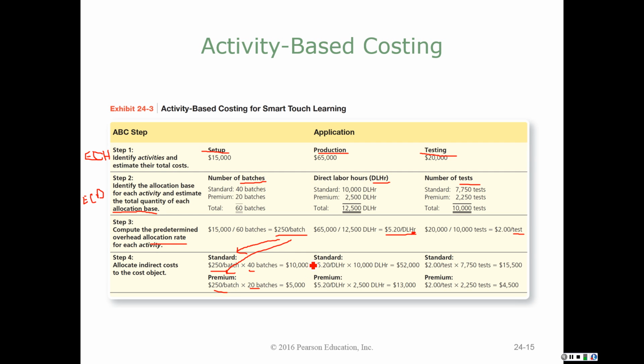And we're going to do the same thing in production. I can allocate this $65,000 to my standard products and to my premium products. Okay, so the same thing happens in testing.